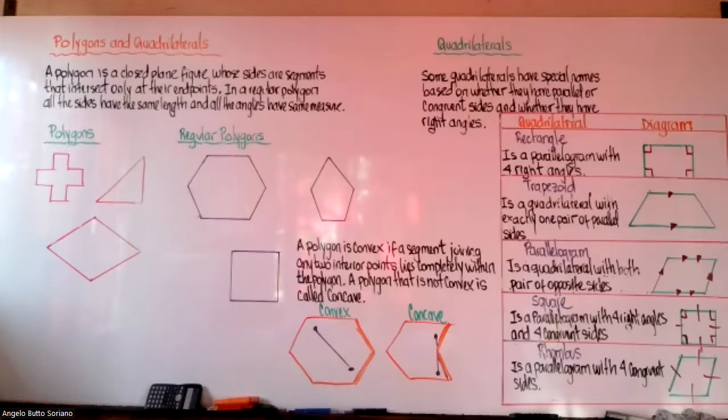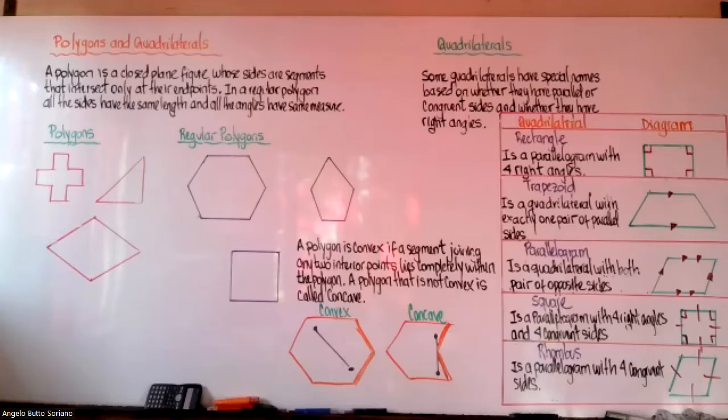And we have the following scheme for what we're talking about. We can classify the quadrilaterals in the diagram. For example, we want to start with the rectangle. What is a rectangle? It's a parallelogram. Remember, a parallelogram is a quadrilateral because it has four sides. But what is the difference with the rectangle? The rectangle is a parallelogram with four right angles.